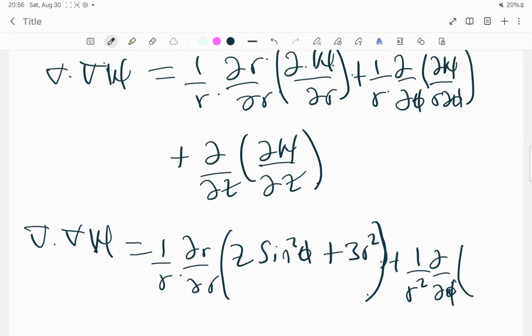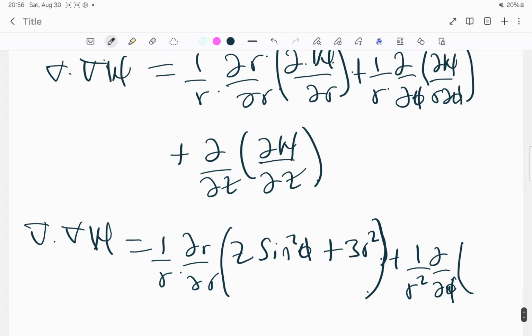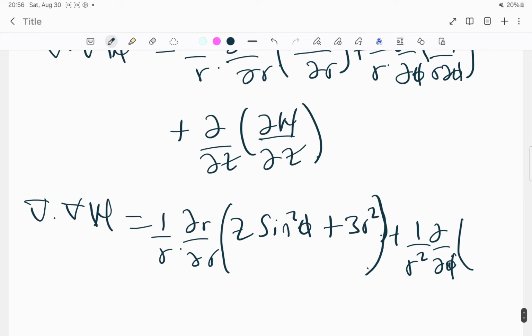So what do we get? I have 2, and we differentiate this with respect to phi. What do we get? That means the first one we differentiate, so I have 2r sine phi.